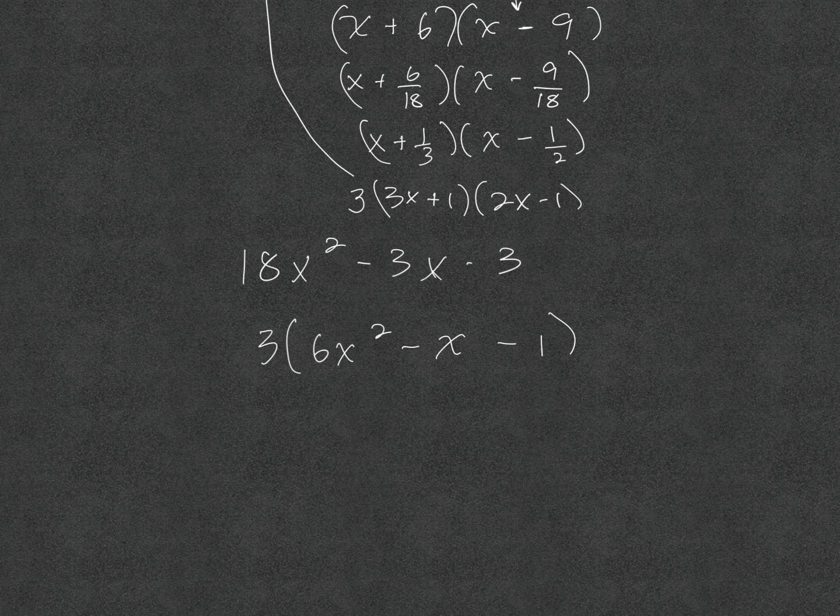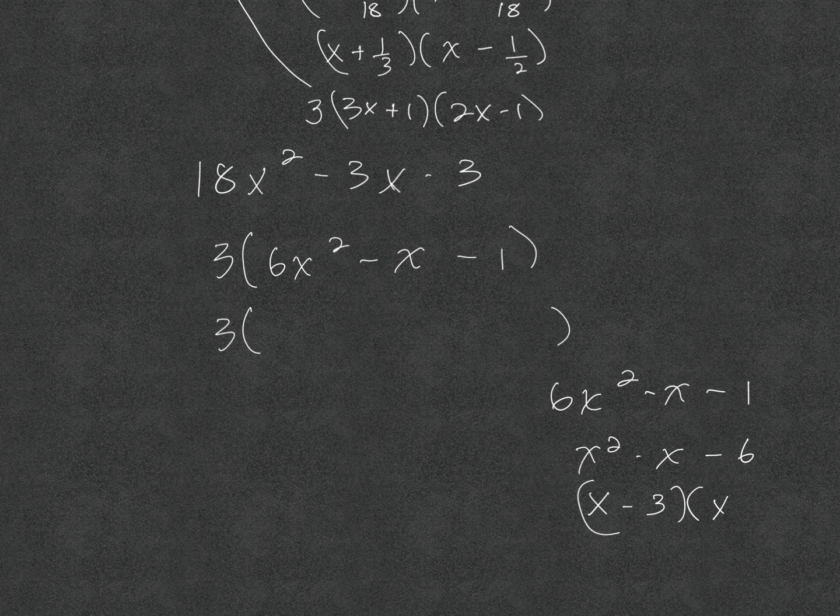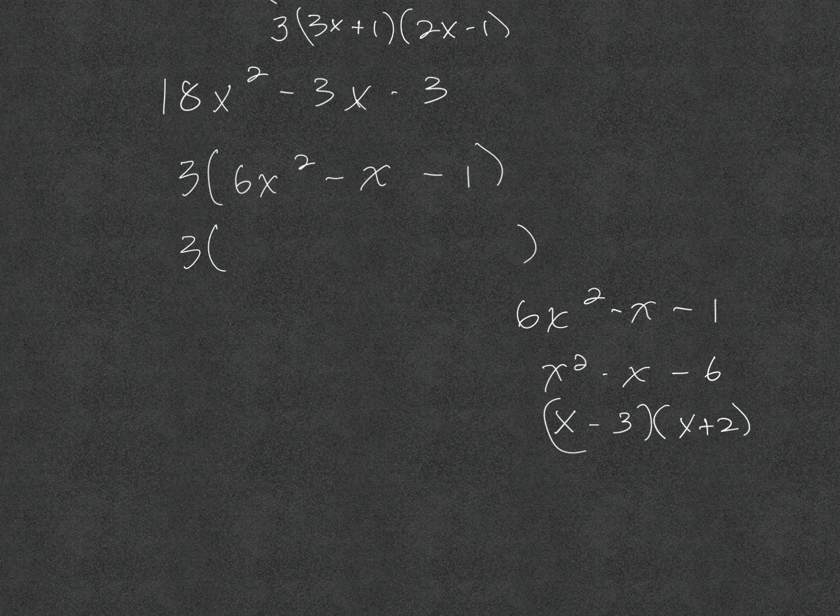Okay? Now, when you do that, this definitely becomes using that method. Well, let's just use the method. I'm going to have a 3, okay? And I'm going to think about 6x squared minus x minus 1, okay? Well, I have x squared minus x minus 6. Okay, well, I have x minus 3 times x plus 2. Okay, now I'm going to divide by the a, which is 6.